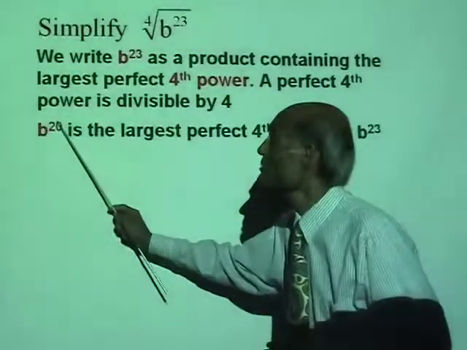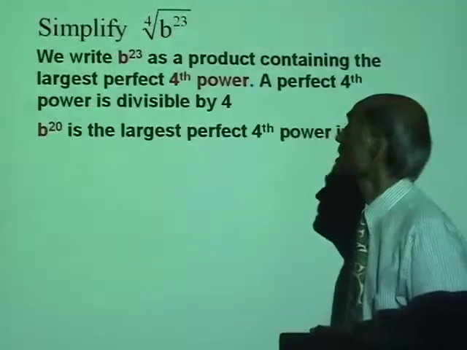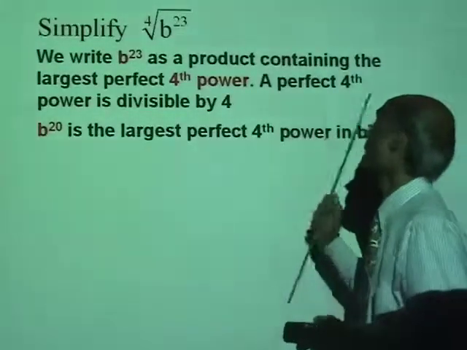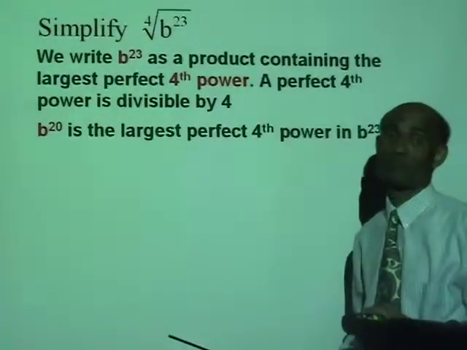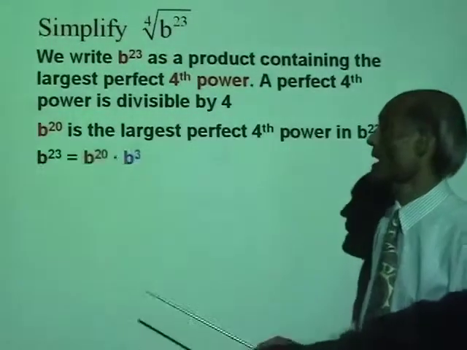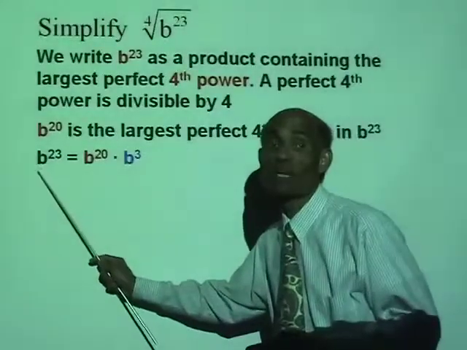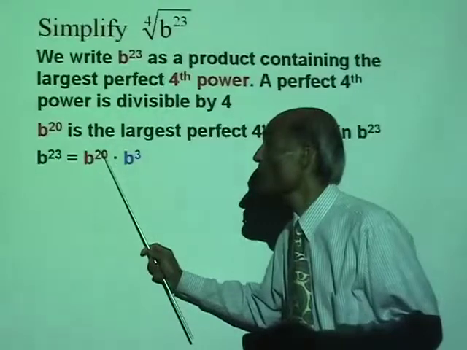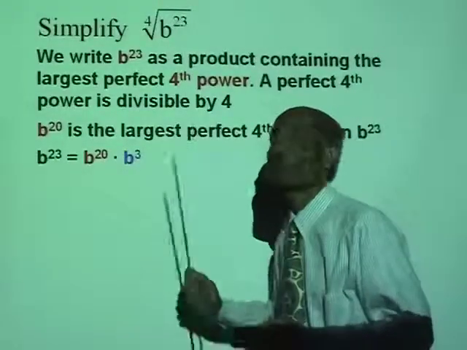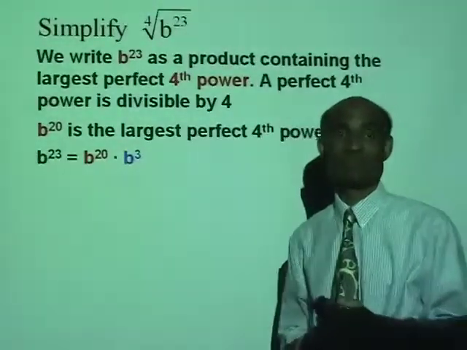Therefore, b to the power of 20 is the largest fourth power in b to the power of 23. That means we write b to the power of 23 equal to b to the power of 20 times b to the power of 3.